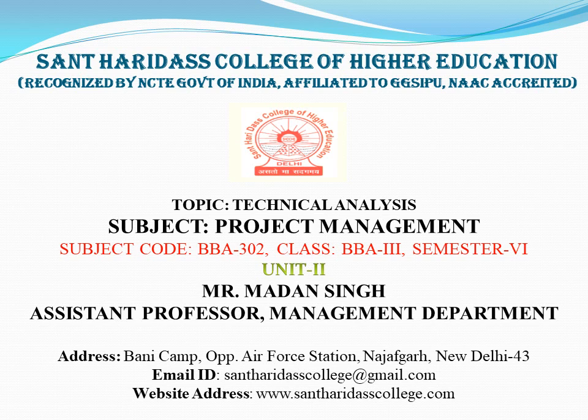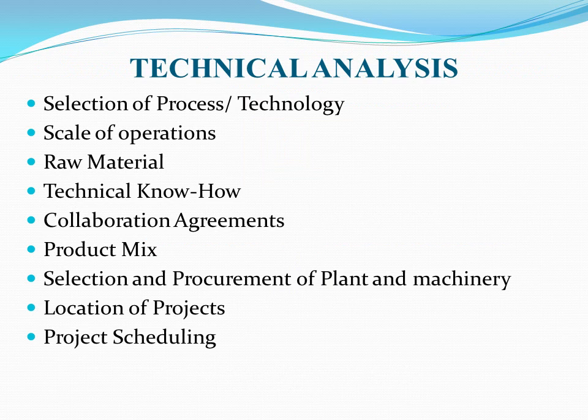My today's topic is Technical Analysis, Subject Project Management, Subject Code BBA 302, Class BBA, Final Year, Semester 6th, Unit 2nd. Technical Analysis. We do technical analysis in the following steps.